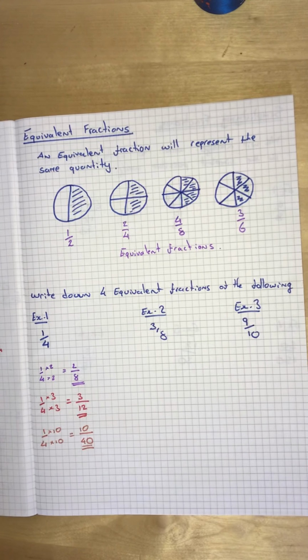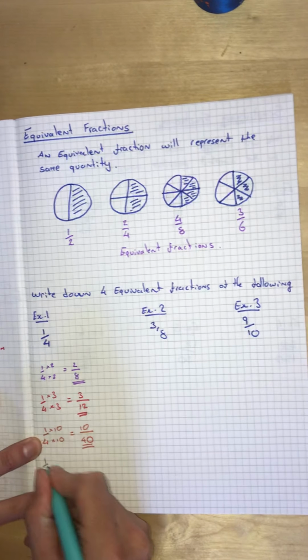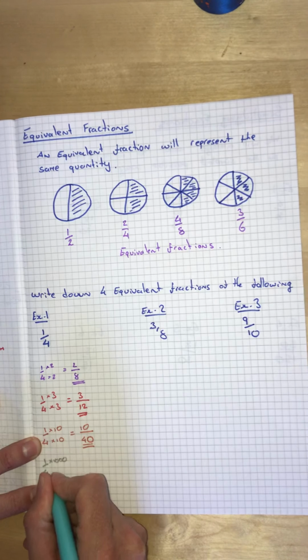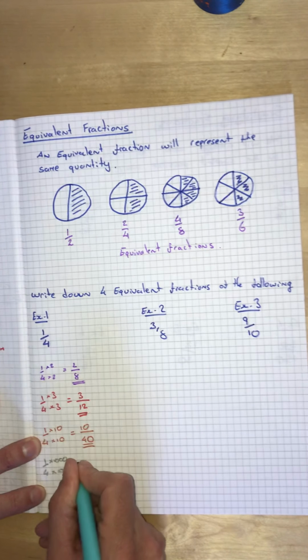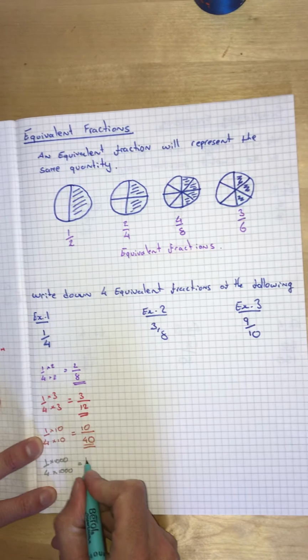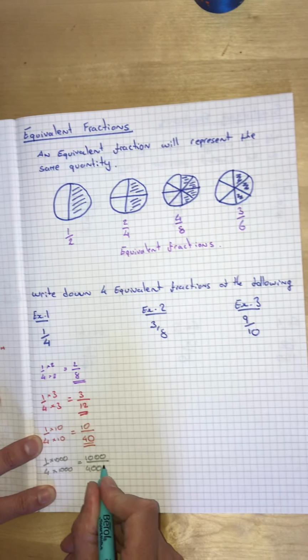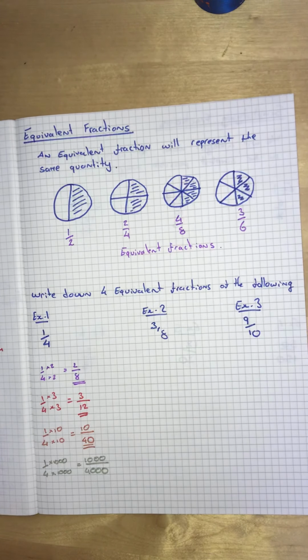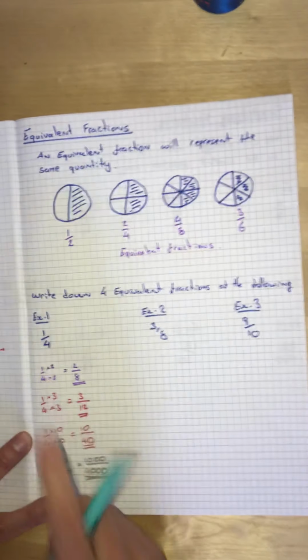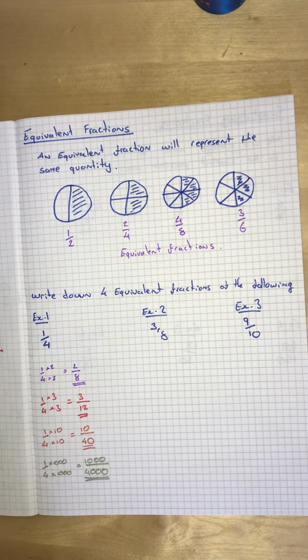To show you that you can do any numbers, let's multiply it by 1,000. So times the top and the bottom by 1,000. 1 times 1,000 is 1,000. 4 times 1,000 is 4,000. So they are all equivalent fractions of a quarter. They represent the same quantity, but they're just in a different form.